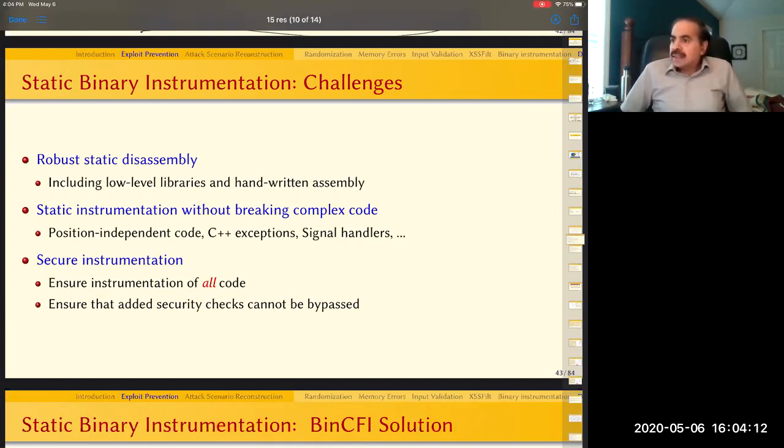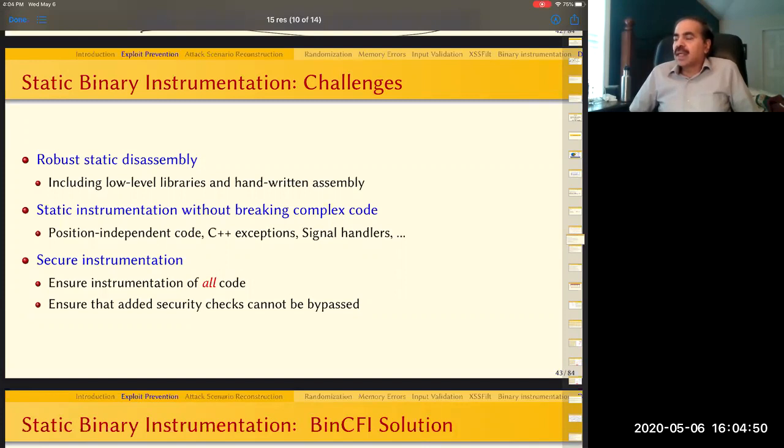So in the last lecture, we started discussing some of the ongoing research in techniques for primarily software vulnerability mitigation by instrumenting binaries. And we talked about one particular problem, which is how do you deal with the complexity of modern instruction sets that have a very large number of instructions.